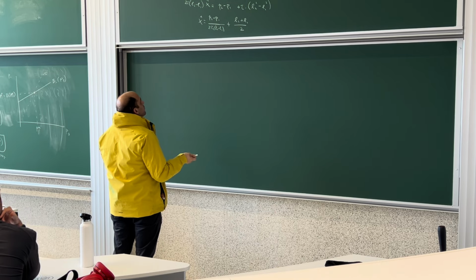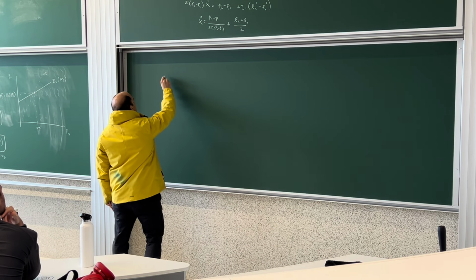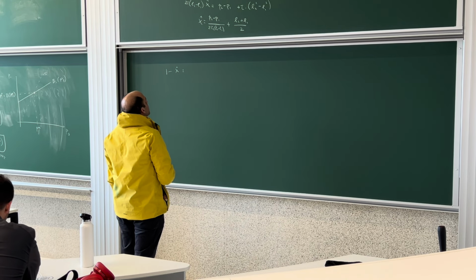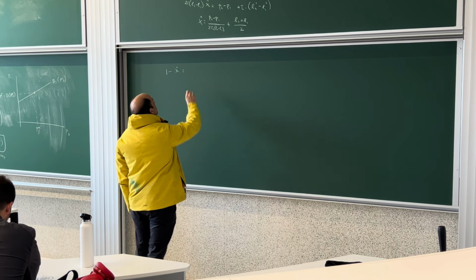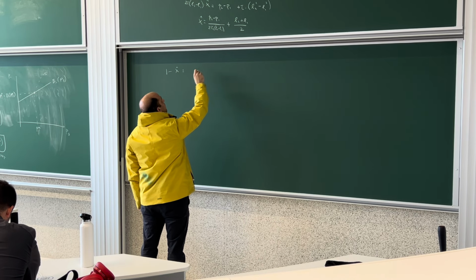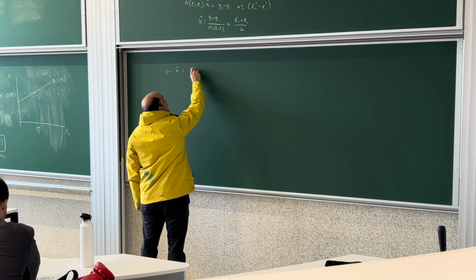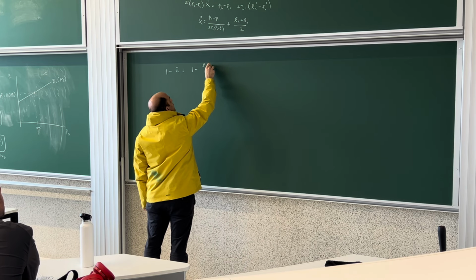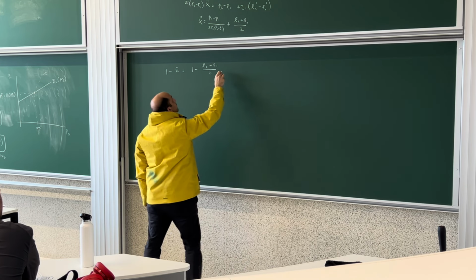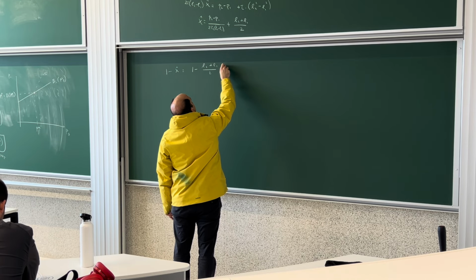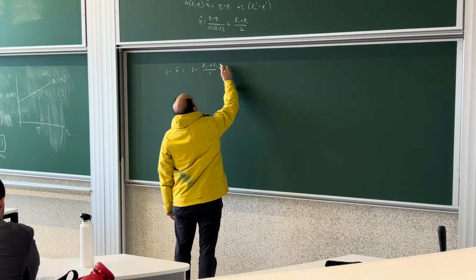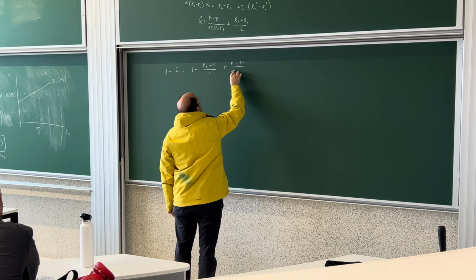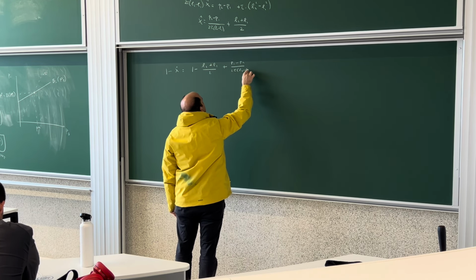Okay, so that's x hat, and now we need to do 1 minus x hat, just to be complete. So 1 minus x hat is going to be equal to 1 minus this, 1 minus L2 plus L1 over 2, plus P1 minus P2 over 2 tau times L2 minus L1.